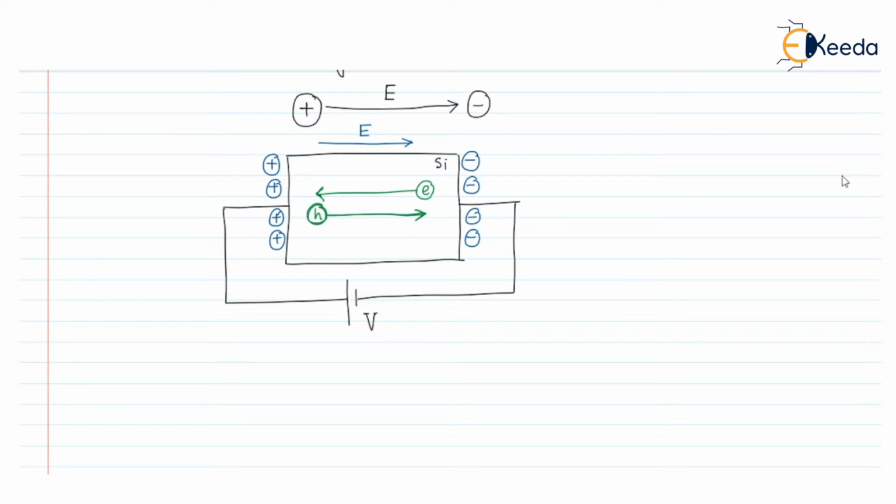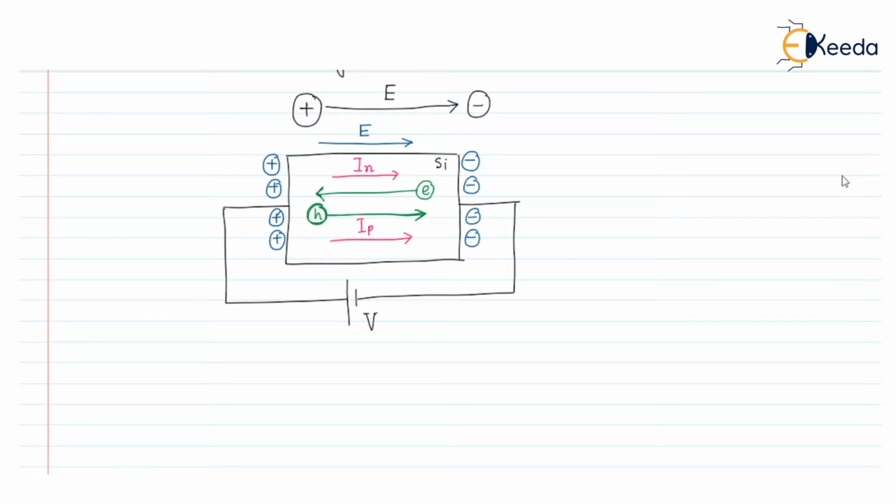Due to the electron movement in the opposite direction of the electric field, we get a current due to the electron in this direction, which I am denoting as In. In is the current due to the electron, because current always flows in the opposite direction of the electron movement. For the movement of the hole I get the current Ip, directed in the same direction as the hole movement.